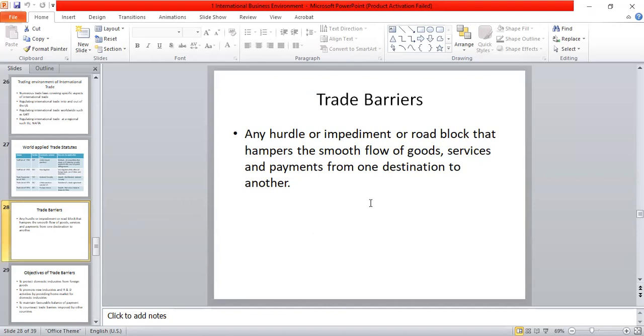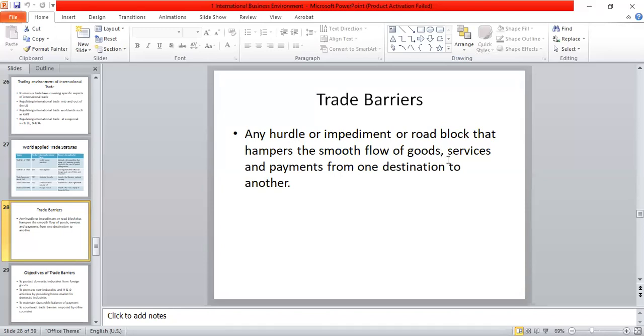So though it is a barrier, is this barrier also good for the country? Good for that particular area? It is good for that particular area, so that illegal things can be controlled.